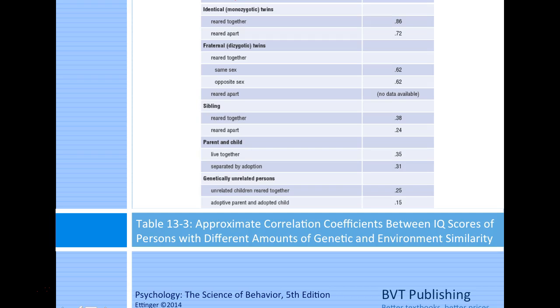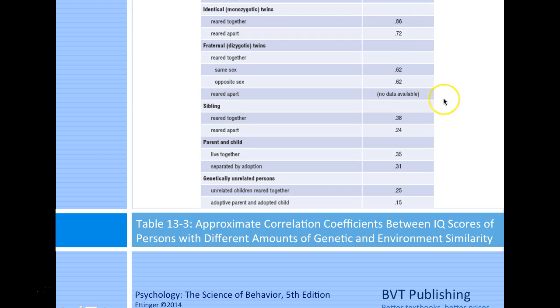So let's go back to this table here. Table 13.3, which is on page 530 of your textbook. And you can see here the correlation. So identical twins reared together, obviously the highest correlation, reared apart, second highest. Okay, fraternal twins reared together, less than identical twins who are reared apart.